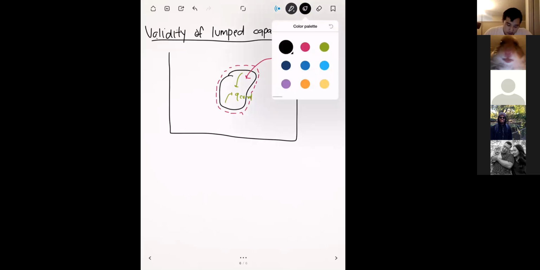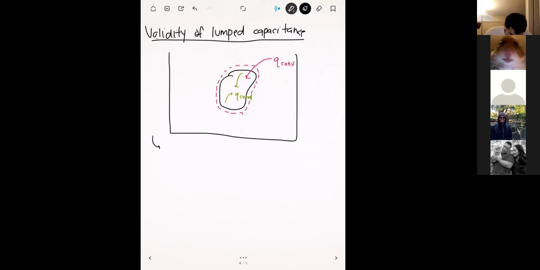And so remember our assumption here, the one that was key to the lumped capacitance method: the temperature of our object is uniform throughout.